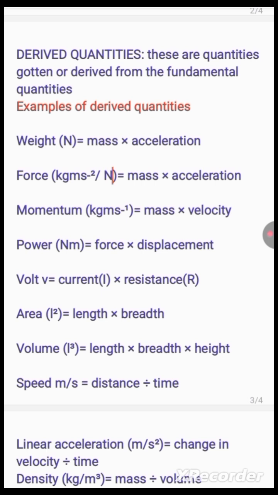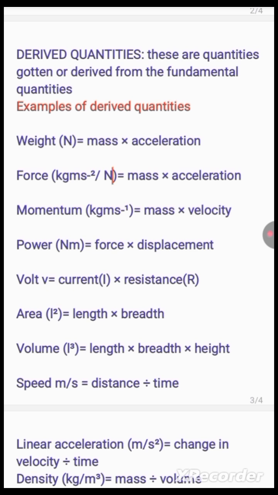Power, everybody shout power. Power is a derived quantity gotten from the product of a force on a body and the displacement that force gives the body in a certain direction. So power is force times displacement.